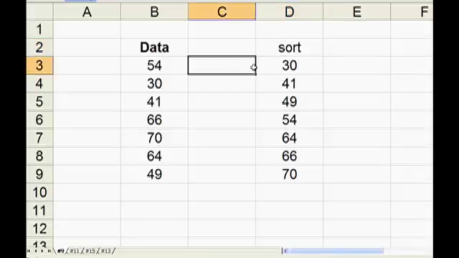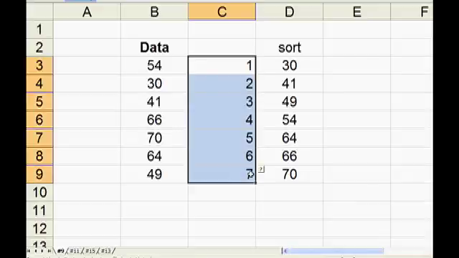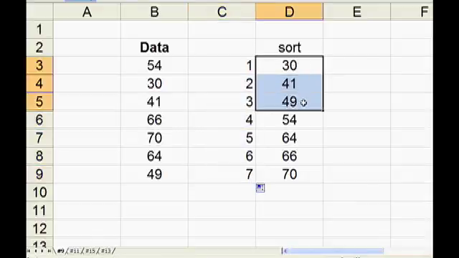We'll find that there are 3 data values that are less than 54 out of a total number of 7 data values.